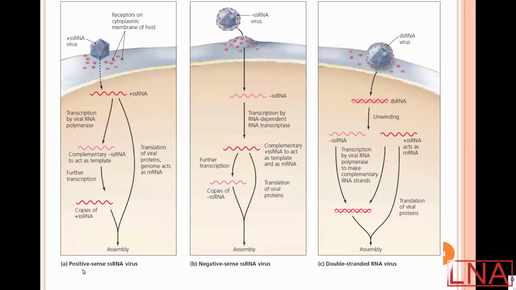So both of them will be assembled together with viral proteins. So as you see, it's not difficult. Just positive can be used directly for translation. Negative should make complementary positive RNA. Double-strand has positive and negative both together.